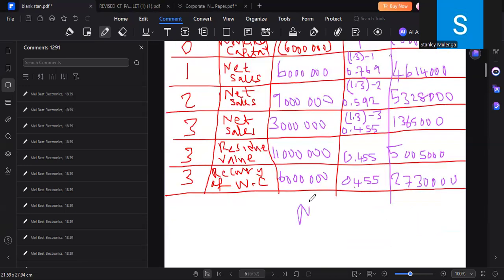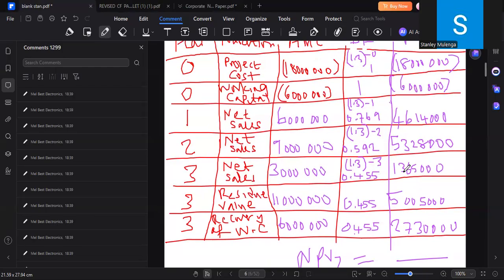So our NPV here is going to give us 1,365 plus 5,328 plus 4,614, minus those ones there.